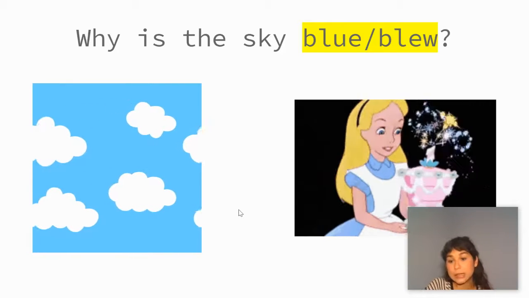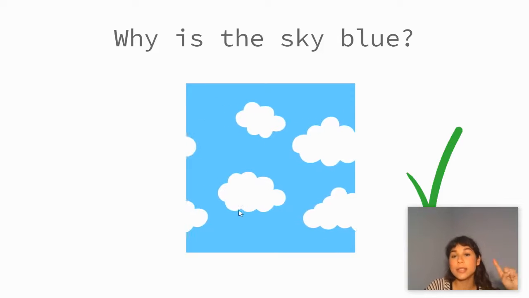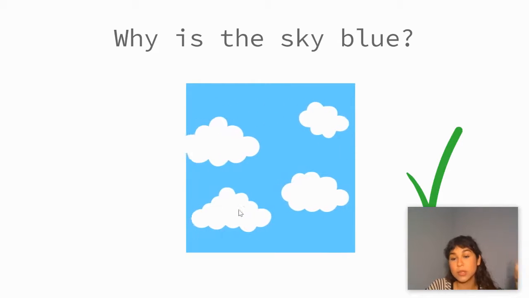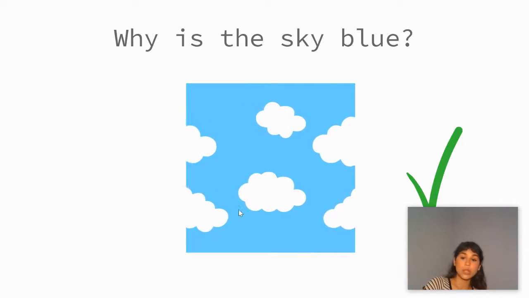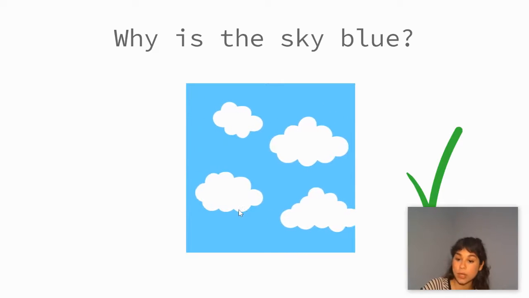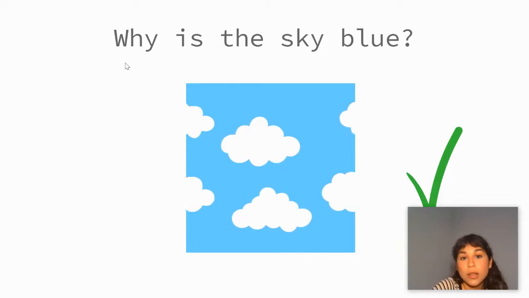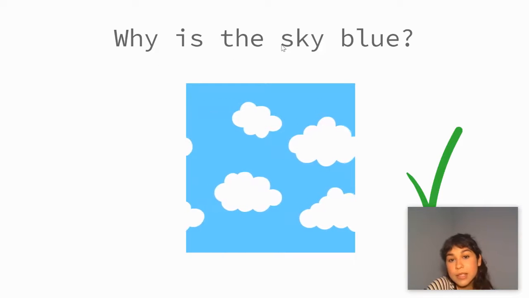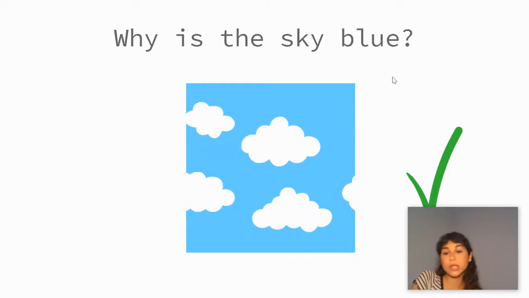Okay, the correct answer is option 1. Why is the sky blue? Blue spelled B-L-U-E. We know this because of the context in the sentence and the context of the words. We know that the sentence is talking about the sky. Blue is a color.